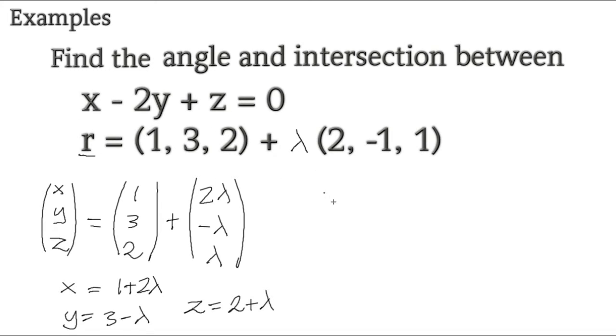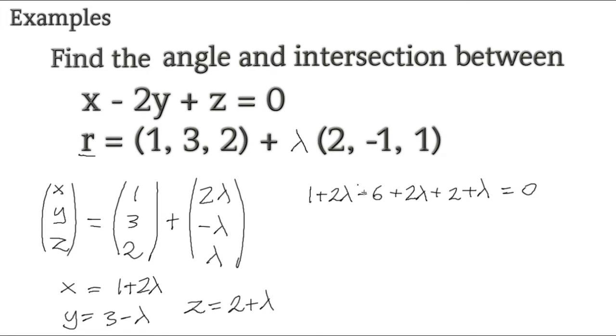With these equations set, we can now substitute into the plane equation to find lambda. So 1 plus 2 lambda, take away 2 lots of 3, that's 6. Take away 2 lots of negative lambda is a plus 2 lambda. Then add z, which is just 2 plus lambda, equals 0.